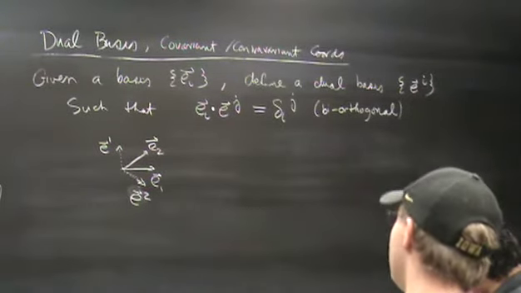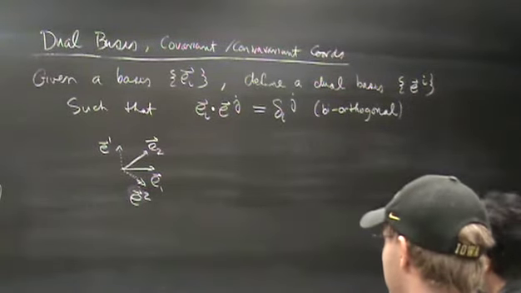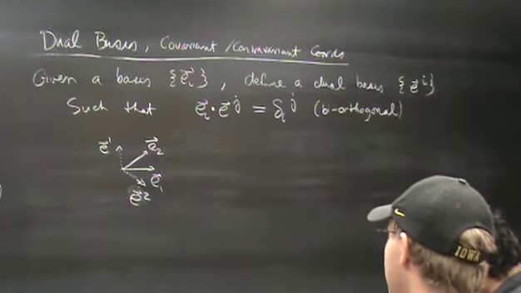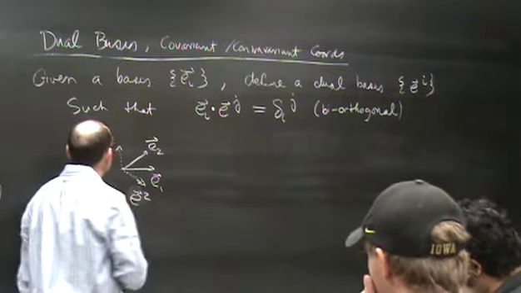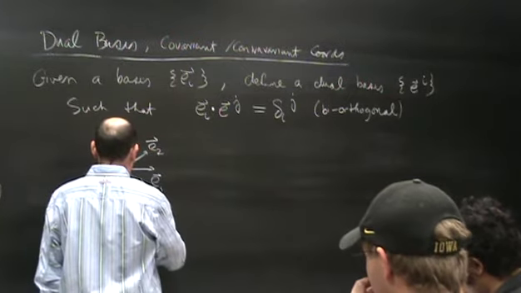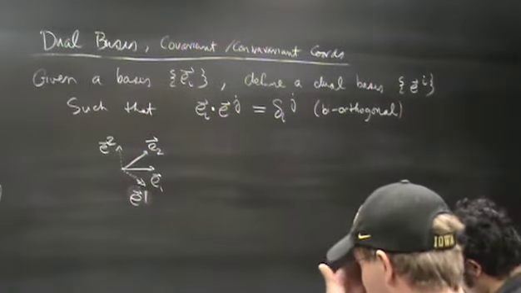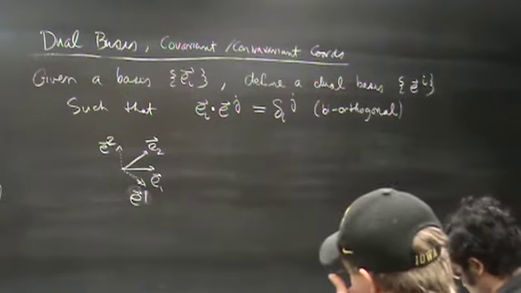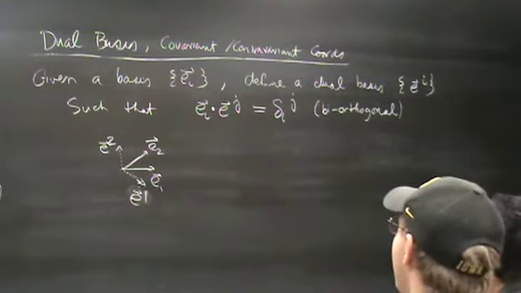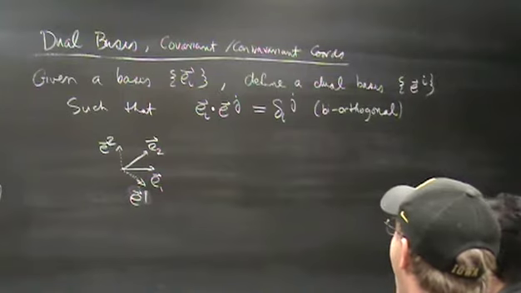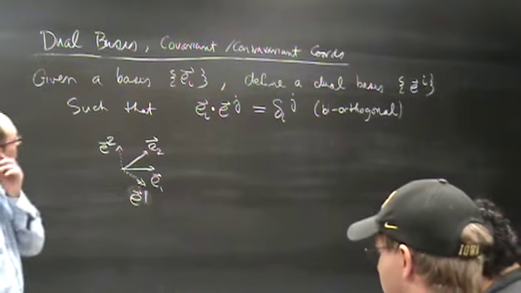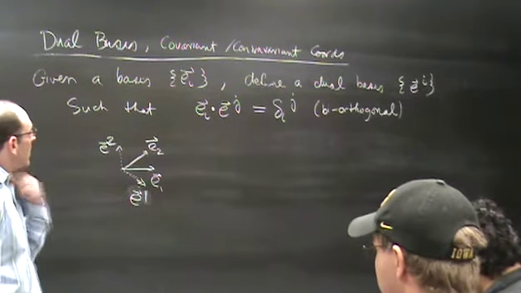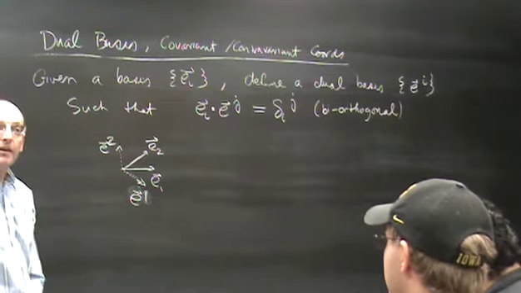I think it's the other way around. Oh, I'm sorry. This should be E2. And this should be E1. Pardon me. Thanks, David. All right. So these are the dual vectors, and their lengths have to be such that they're normalized in the appropriate way. But that's fine.